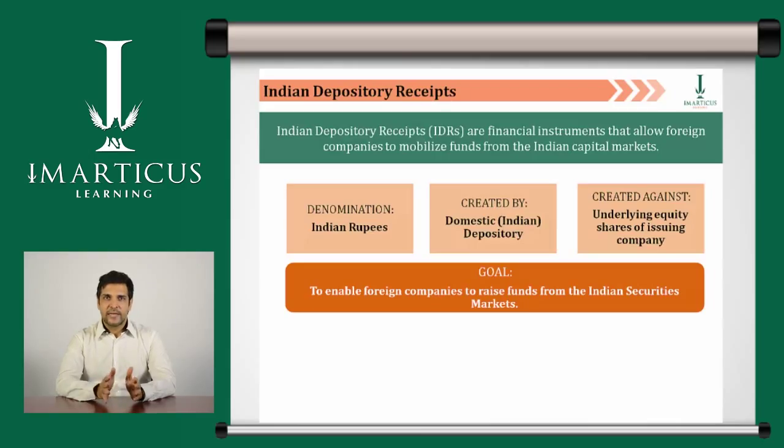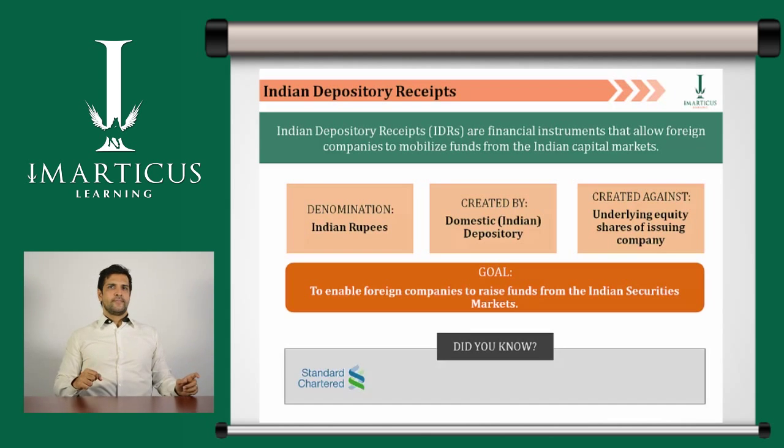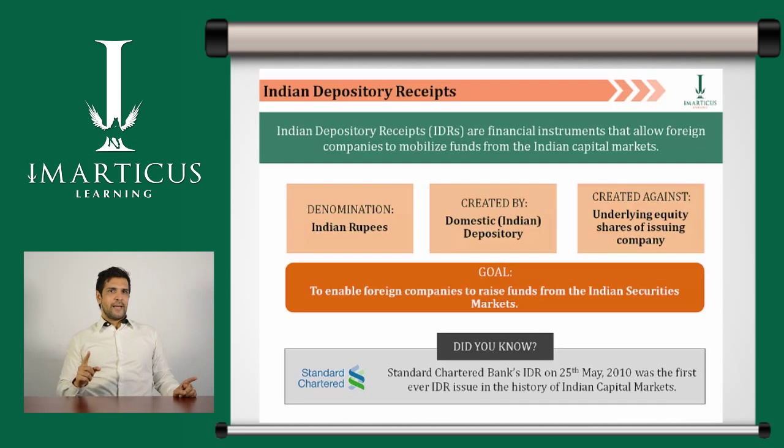IDRs are created by Indian depository against the underlying equity shares of the foreign company issuing IDRs. Did you know Standard Chartered Bank's IDR on 25th May 2010 was the first ever IDR issue in the history of the Indian capital markets?